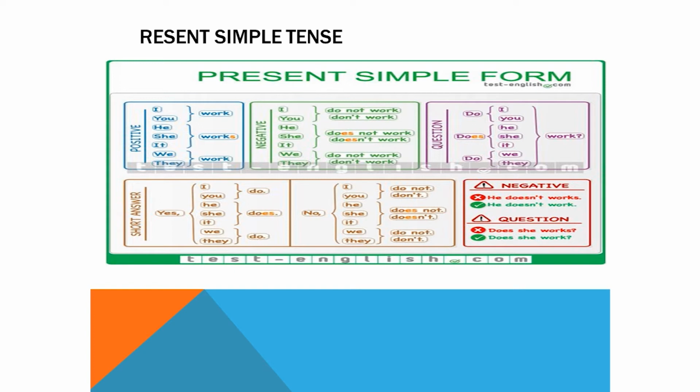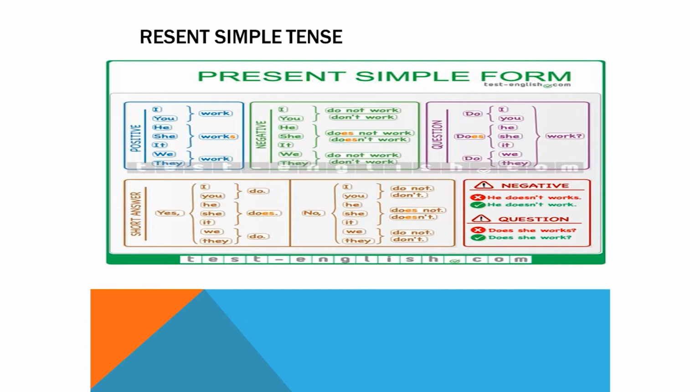And when we have a plural pronoun, we never add anything to the verb. For example, I work, you work, he works. Here we add s because we have a singular pronoun, which is he. She works, it works, we work, they work.